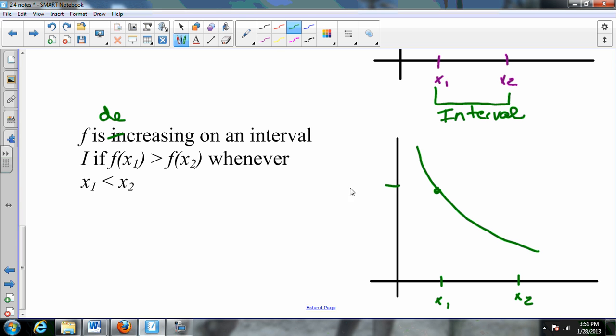So here would be f of x1, and over here would be f of x2, and we can see visually that f of x1 is higher on the y, so therefore it is greater than f of x2, so therefore it is decreasing.